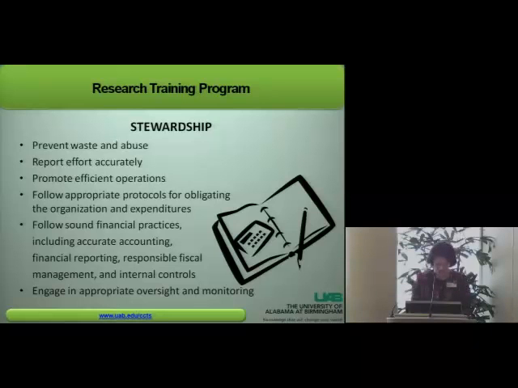Following sound financial practices means responsible fiscal management, especially, again, for funds that are awarded to an institution for specific purposes. And, of course, engage in appropriate oversight and monitoring of the funds being spent.